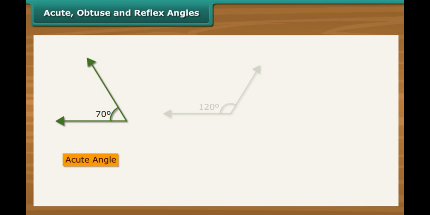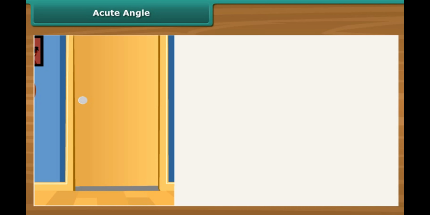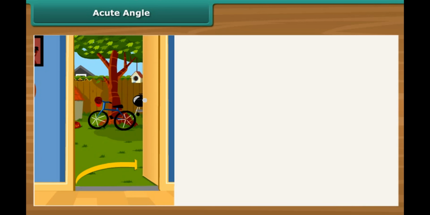Acute, obtuse, and reflex angles. There are 3 more angles. They are acute angle, obtuse angle, reflex angle. Let us look at them one by one. Acute angle. Look at this picture of an open door.